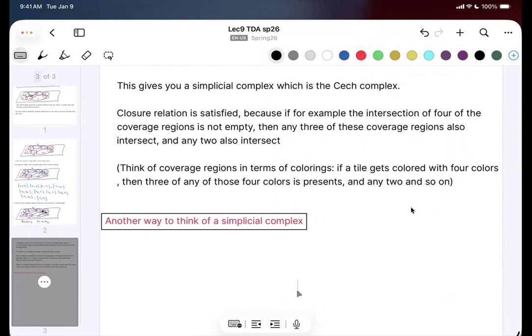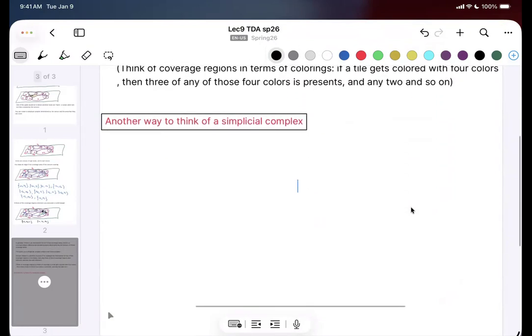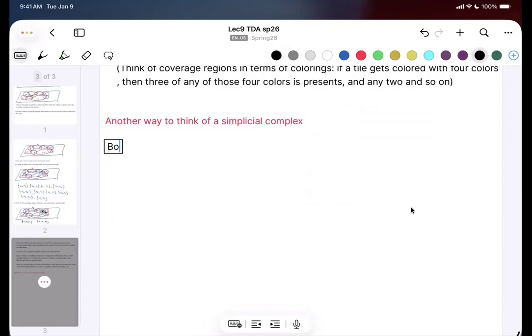So for that I need to talk a little bit about Boolean functions, which are useful things as well. So let me tell you what a Boolean function is. Well, that is a function whose input, so this is a function.